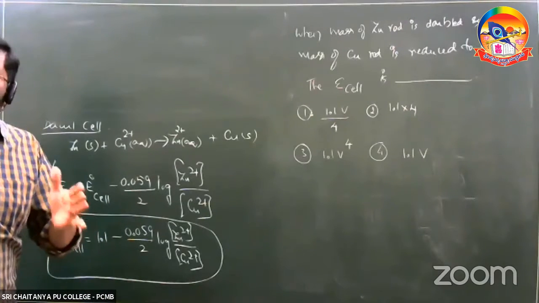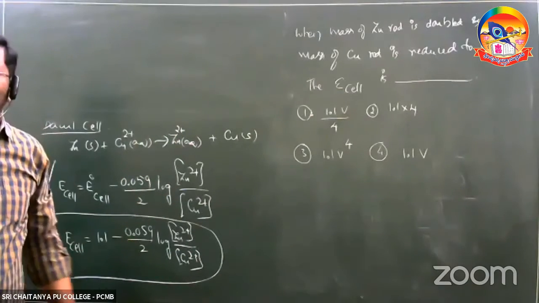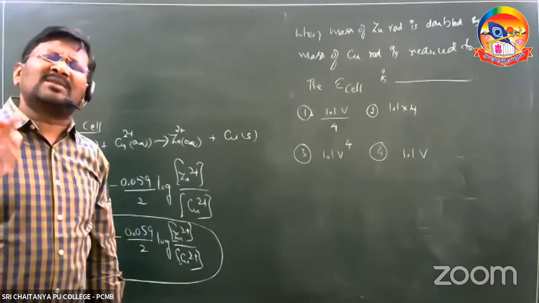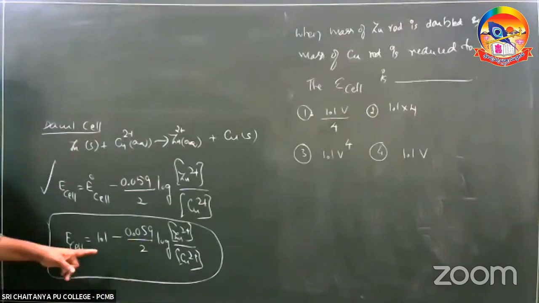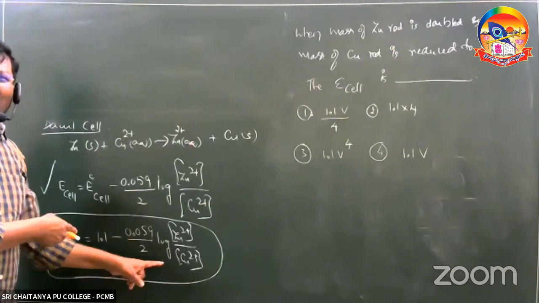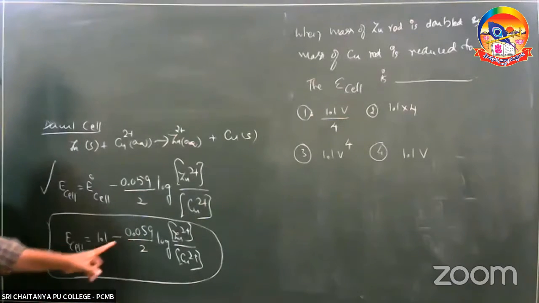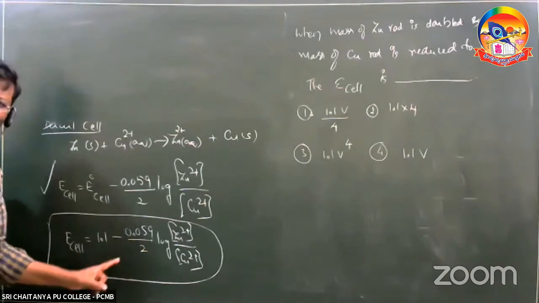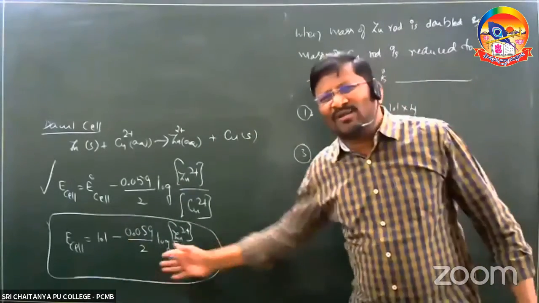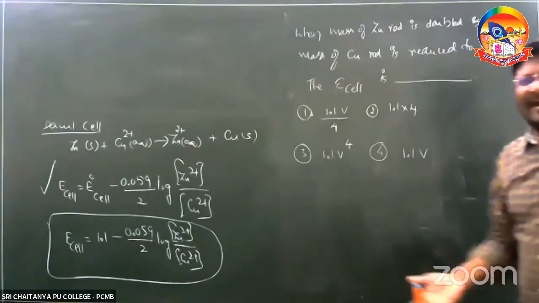At that time, how does E cell depend on their masses? Immediately you should get into your mind the formula for E cell. In this formula, do you find the mass of zinc and the mass of copper? You don't find them anywhere. When the mass of zinc and mass of copper are not involved in the formula, they do not affect E cell.